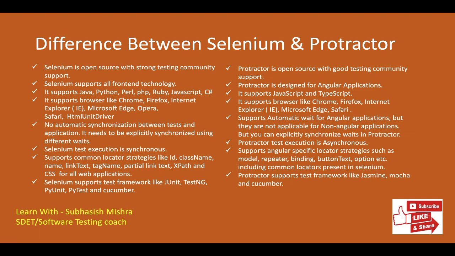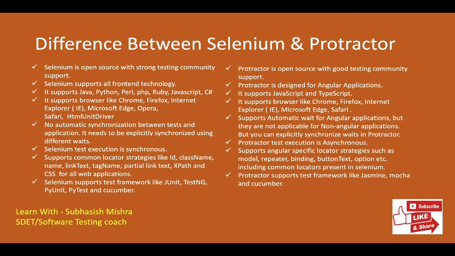Though you can use it for non-Angular applications also. Then Selenium supports Java, Python, Perl, PHP, Ruby, JavaScript, all these languages, whereas Protractor supports JavaScript and TypeScript. Node.js provides the runtime environment to run JavaScript programs.